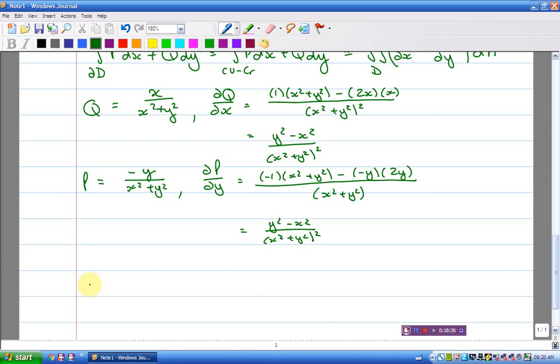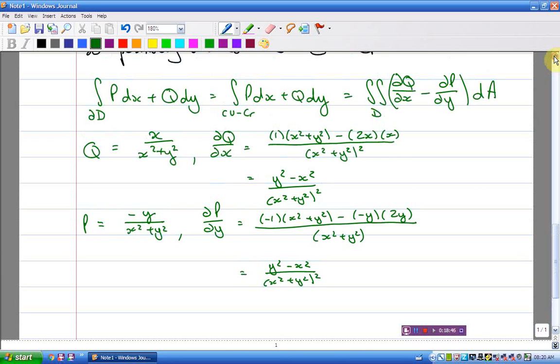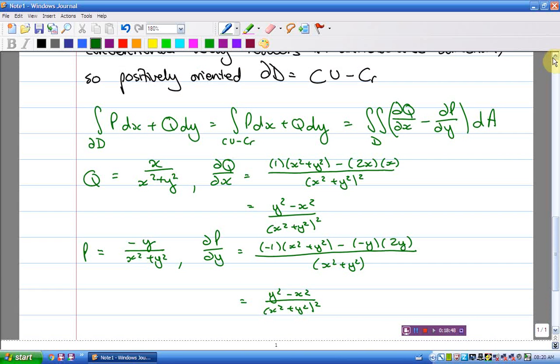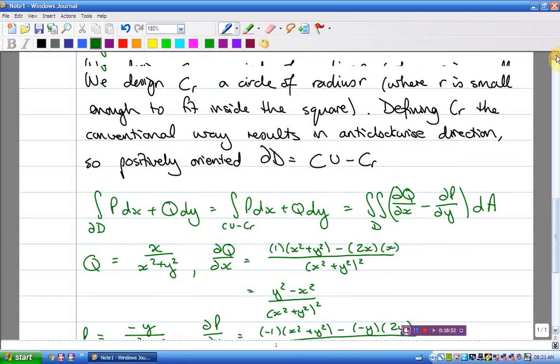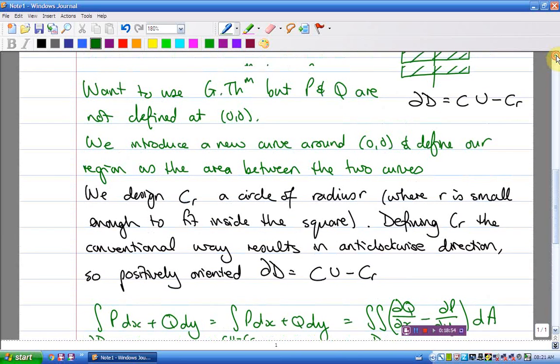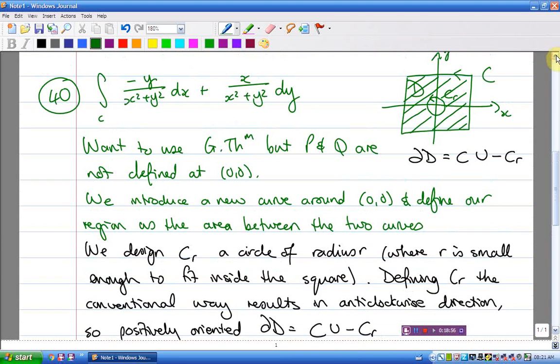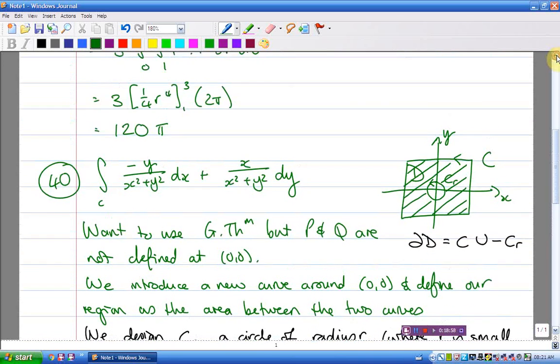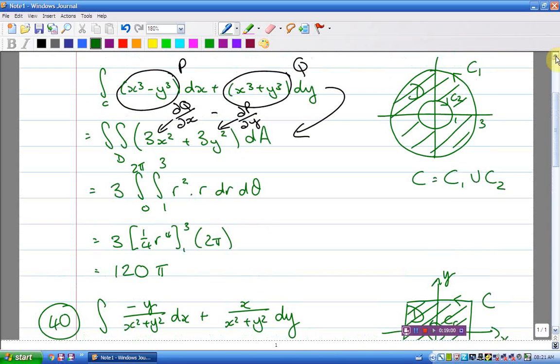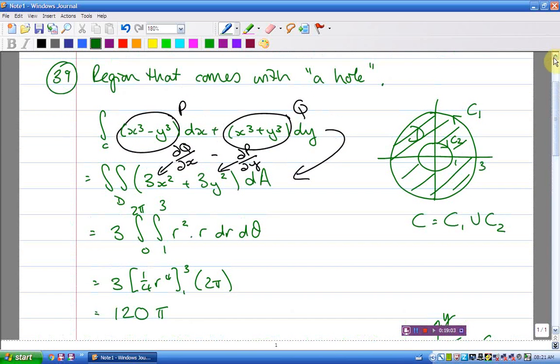Yes? I think the thing Michael was asking earlier, why we don't have minus the p, dq, dx, and dp, dy, is because in 39 we wrote above the second line that it was a minus. Did I write my Green's theorem incorrectly? Yeah. Because that was minus a negative.